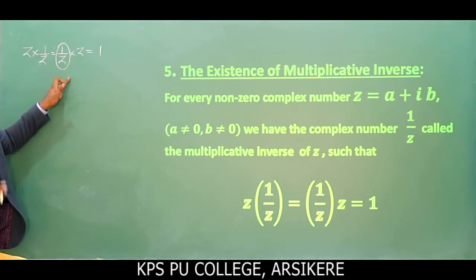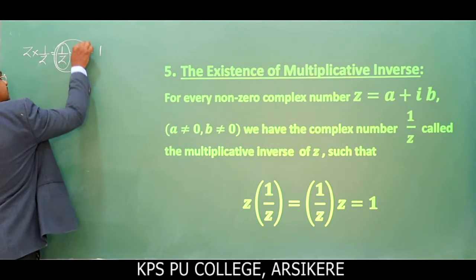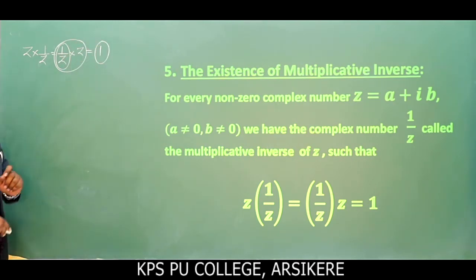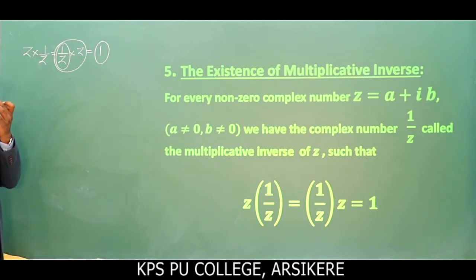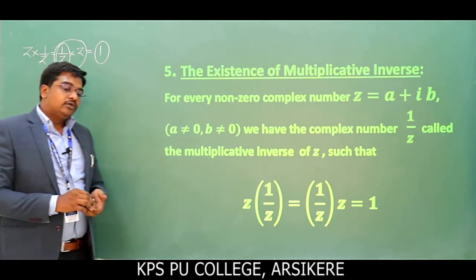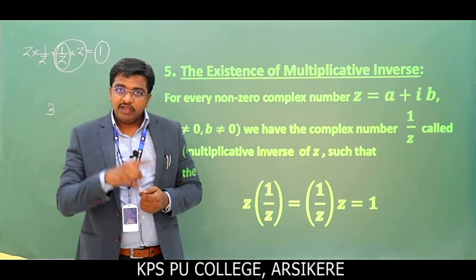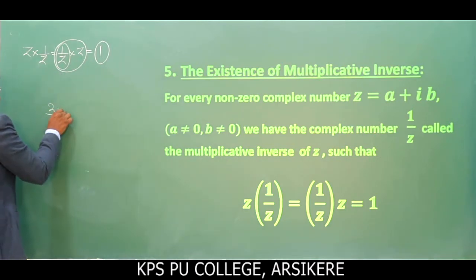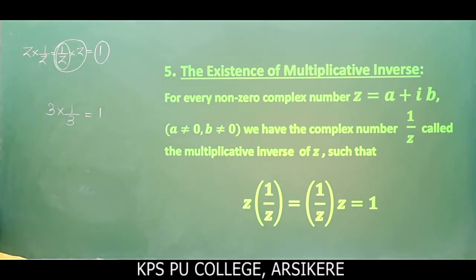So 1 by z is called the multiplicative inverse; their product becomes multiplicative identity. Very simple. One number ತಗೊಂತೀನಿ, 3 ತಗೋಣ. If I multiply some number by its inverse, we get 1, right? So 3 into 1 by 3 is equal to 1. So 1 by 3 is called the multiplicative inverse of what? 3.